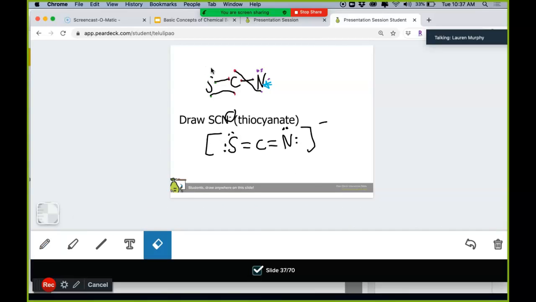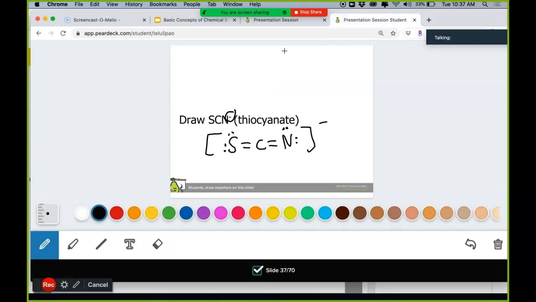So what does that mean? Well, let's erase this guy. So sulfur has 6, carbon has 4, nitrogen has 5, and then +1, right? These are my valence electrons. So that's what? 16 electrons that I get to work with. So we could do this. I'll do it again. So carbon, sulfur, nitrogen, and I'll originally assign them like I just did.